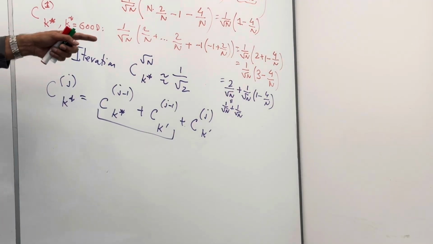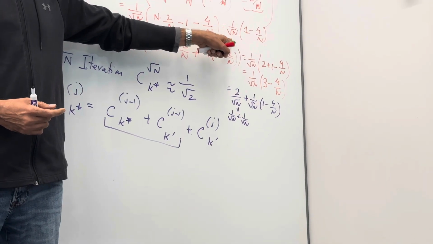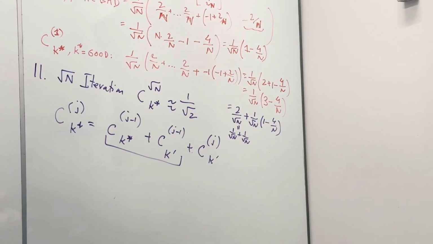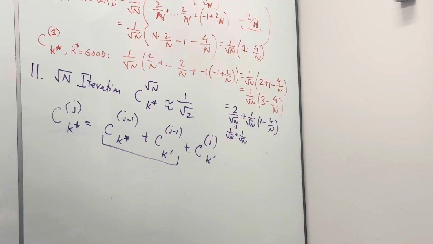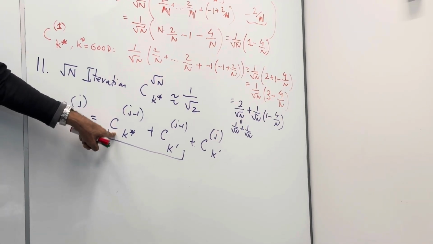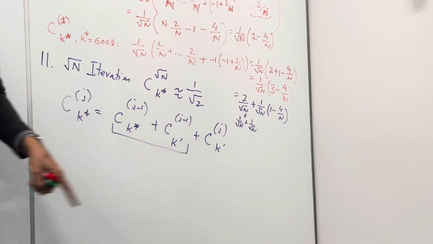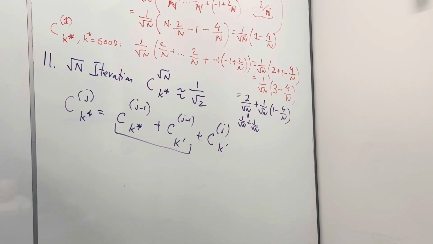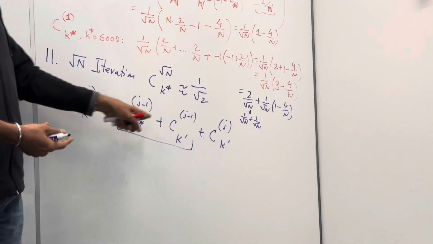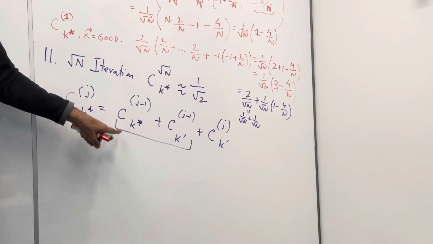So this good guy is the bad guy plus 2 by square root n, and that 2 by square root n has two portions: 1 by square root n, which corresponds to this guy in the previous step, and 1 by square root n, which corresponds to this guy in the previous step. Remember, in the previous step, everybody was 1 by square root n. That same logic continues. You can double check that this is actually the case.